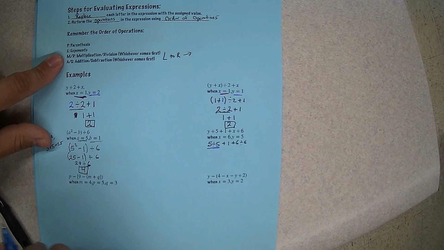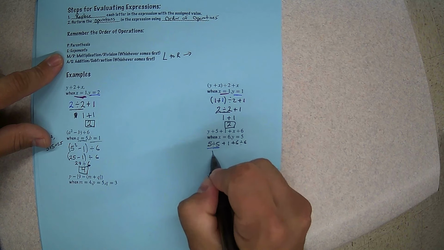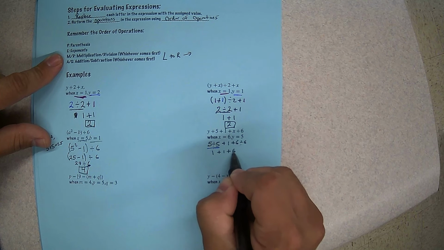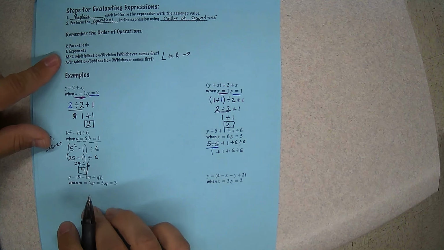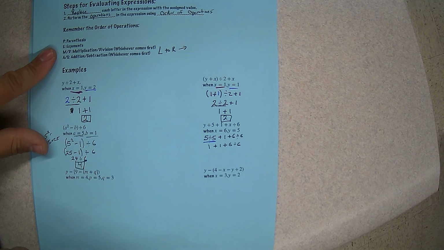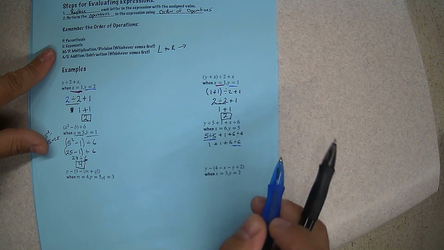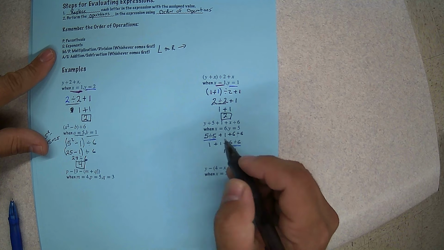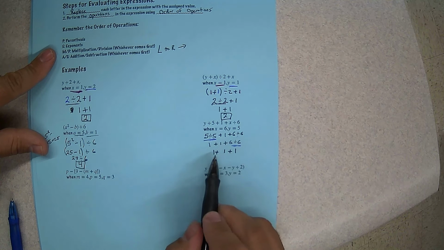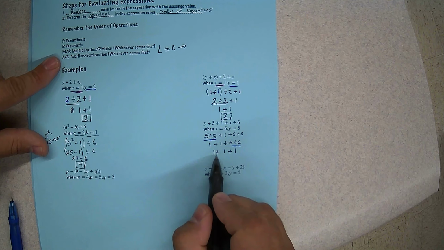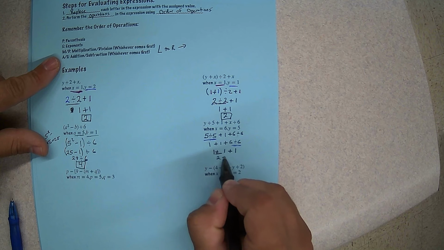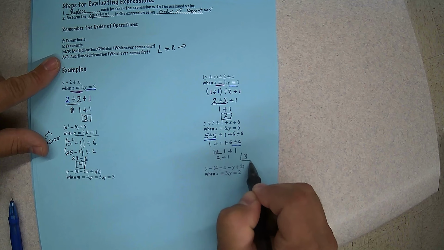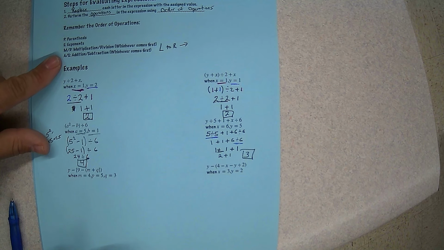We have some division right here. 5 divided by 5 is 1. Then rewrite 1 plus 1 plus 6 divided by 6. We still have some division. 6 divided by 6 is 1. Just rewrite everything else that we have. We have this 1 plus 1 out here as well. Addition and subtraction. We do our addition here. 1 plus 1 is 2. We have 2 plus 1. 2 plus 1 is 3. There's our solution.